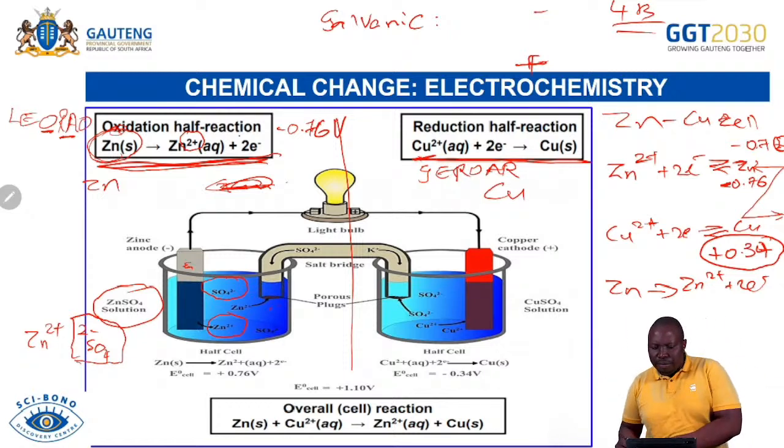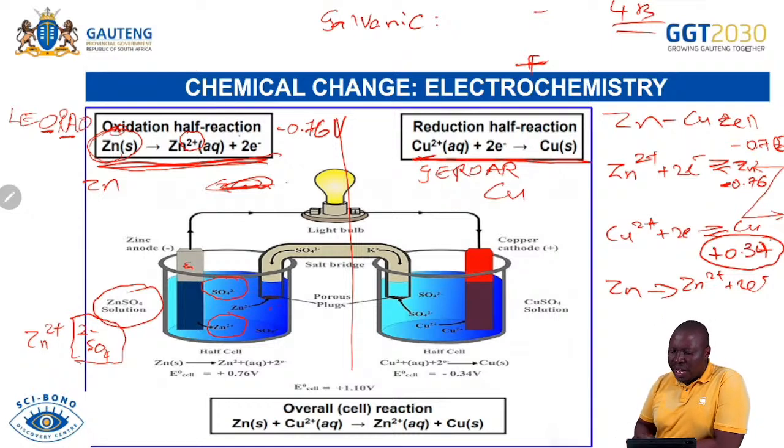Now, be careful here. The one that is gaining electrons is not copper, it's copper 2+, which means in the solution. Remember, copper 2+ is in the solution, but the metal itself is copper. This is copper. The solution is copper 2+. Don't forget, I indicated to you when we started that we have copper sulfate as our solution.